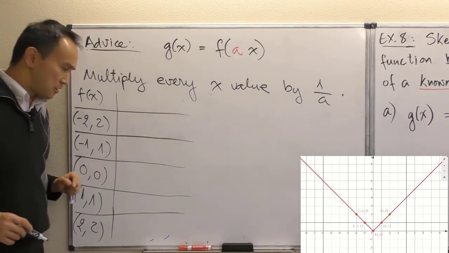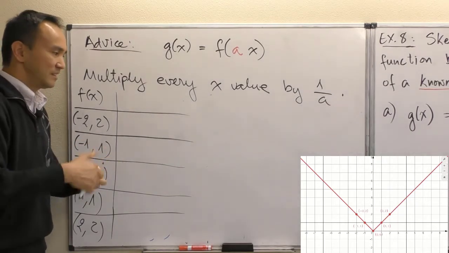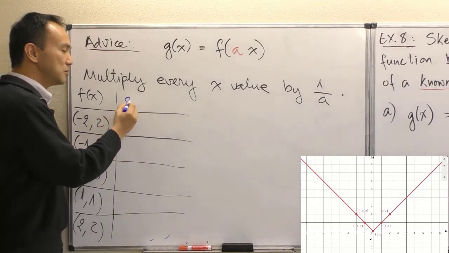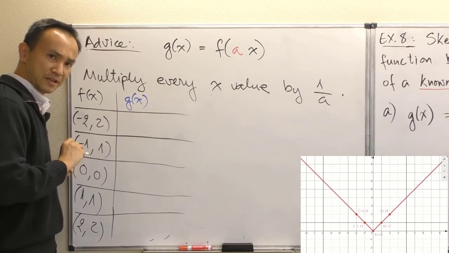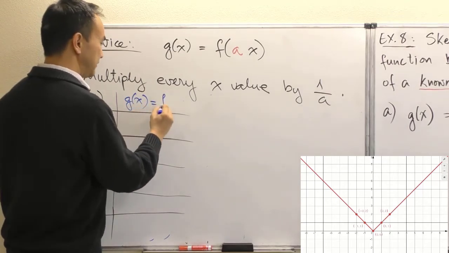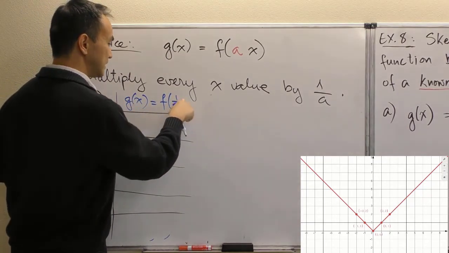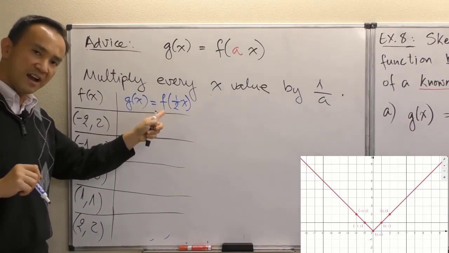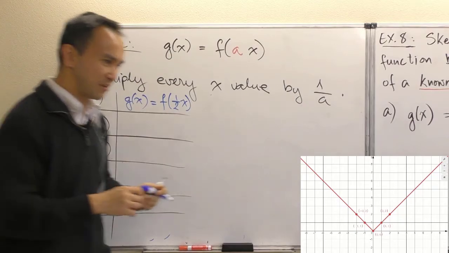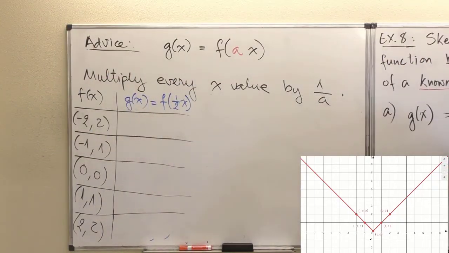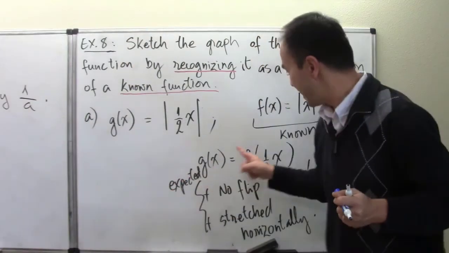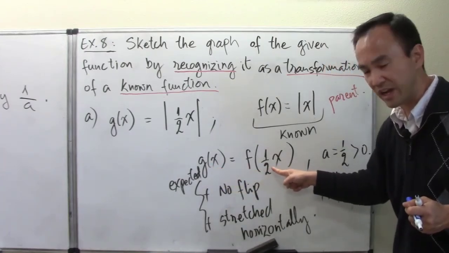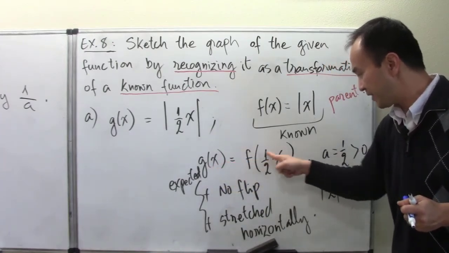And now let's update these guiding points on the blue version. The blue version here, as a descendant, is f of 1/2 x. That's what we recognized, and we still have this on the other board. Let me quickly swing back. So g of x is related to f of x as f of 1/2 x.